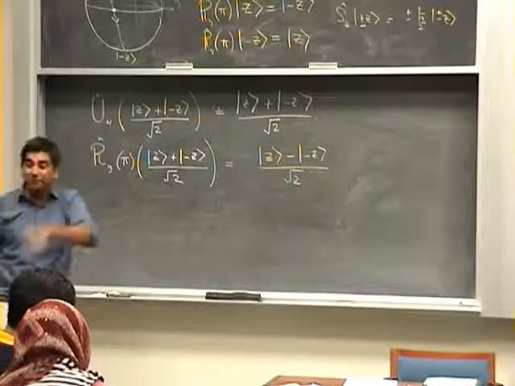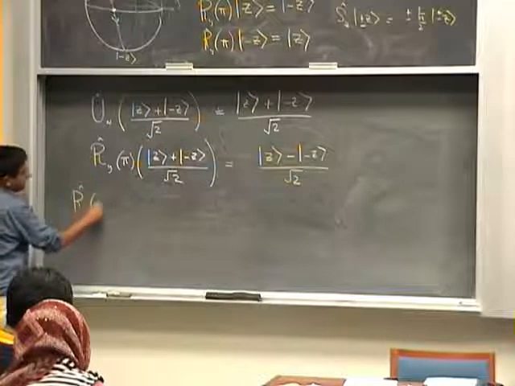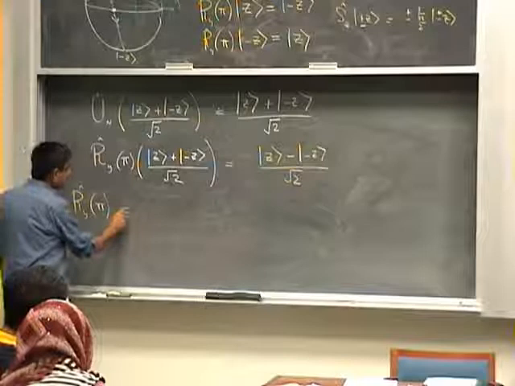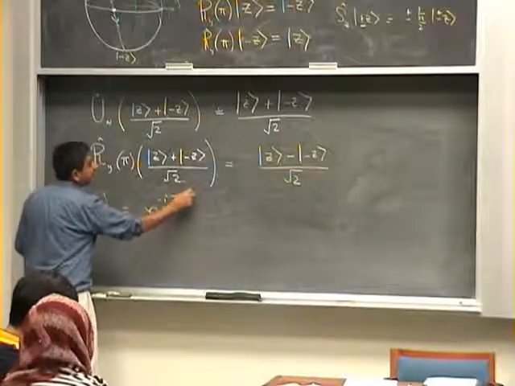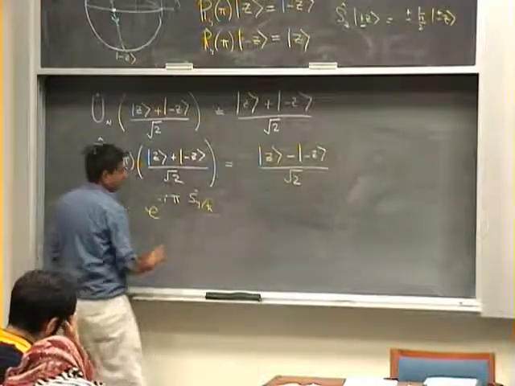Okay. Another way to look at this is the following. Let's look at Ry pi and let's use our celebrated theorem. This is equal to e to the minus i pi S y over h bar. Right?